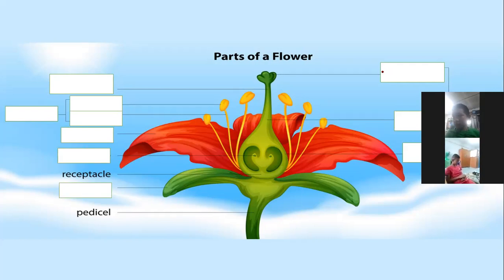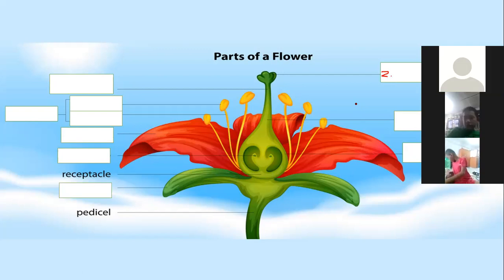What is number 2? Stigma. Very good. Number 3. Style. Okay, I know you have the copy. You get your copy so that you can answer me.